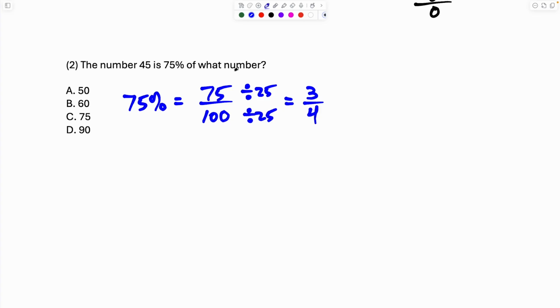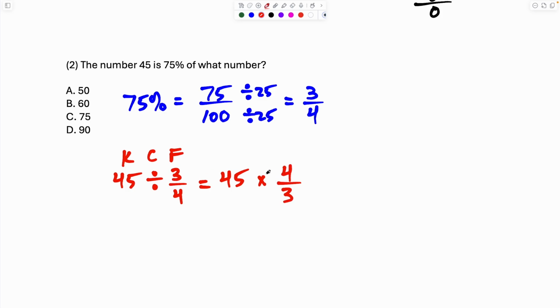If we follow the notes, it says to take the part. The 45 is the part, and we are dividing it by the percent, but I'm going to divide by the percent as a fraction. When you divide by a fraction, the move is to use keep, change, flip. So I'm going to keep 45, change this operation to multiplication, and flip the fraction here.